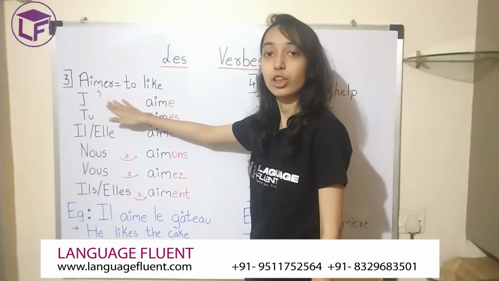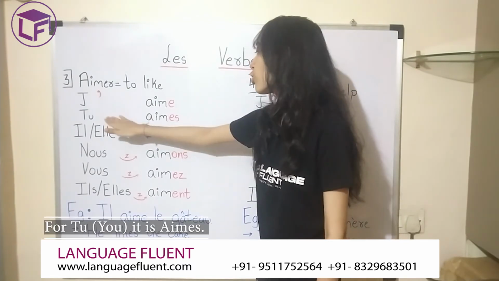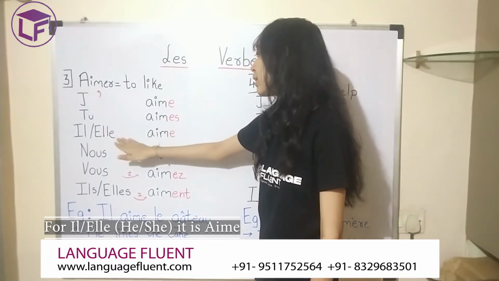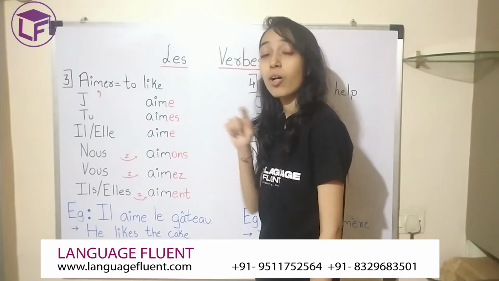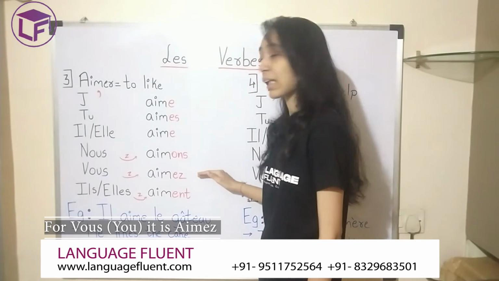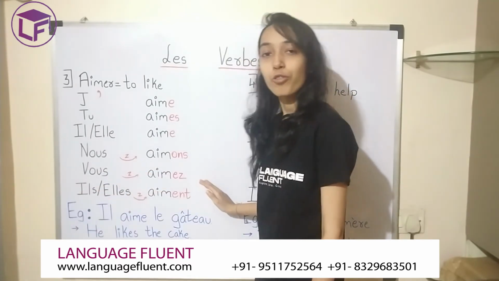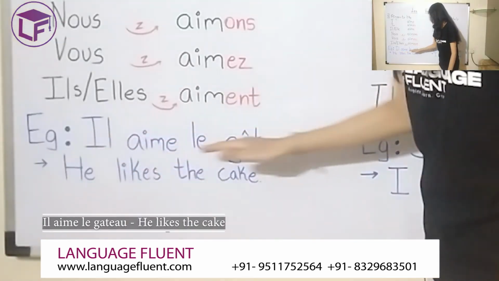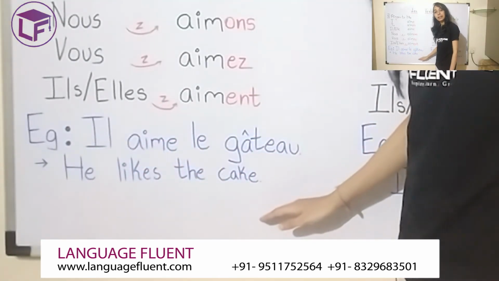So the pronunciation becomes j'aime, tu aimes, il, elle aime, nous aimons with the z sound, vous aimez, ils aiment, elles aiment. For example, il aime le gâteau, which means he likes the cake.